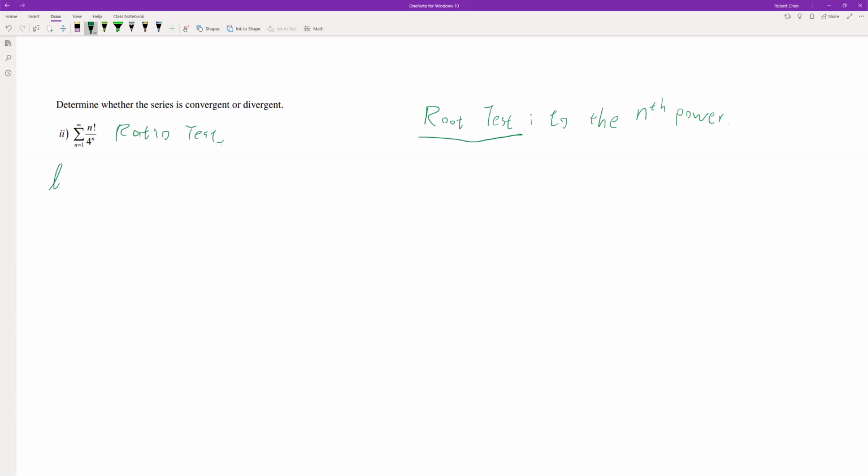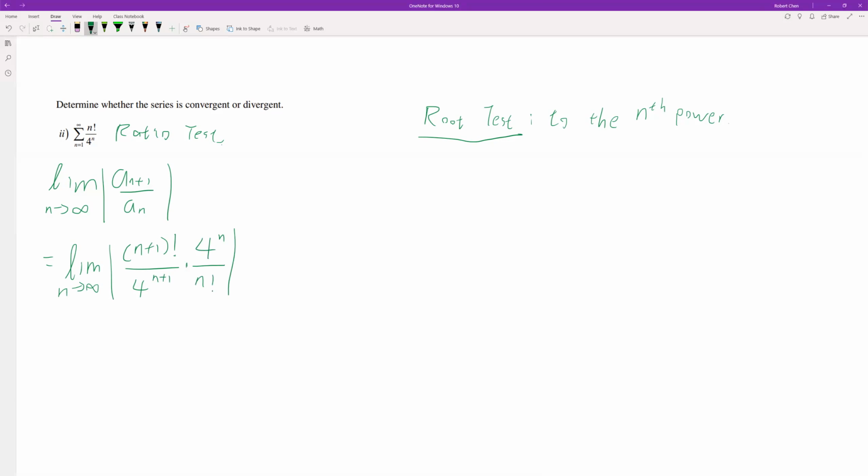Limit as n approaches infinity of the absolute value of a_(n+1) over a_n. Let's write everything out: (n plus 1) factorial over 4 to the power of n plus 1, multiplied by the reciprocal, 4 to the n over n factorial.